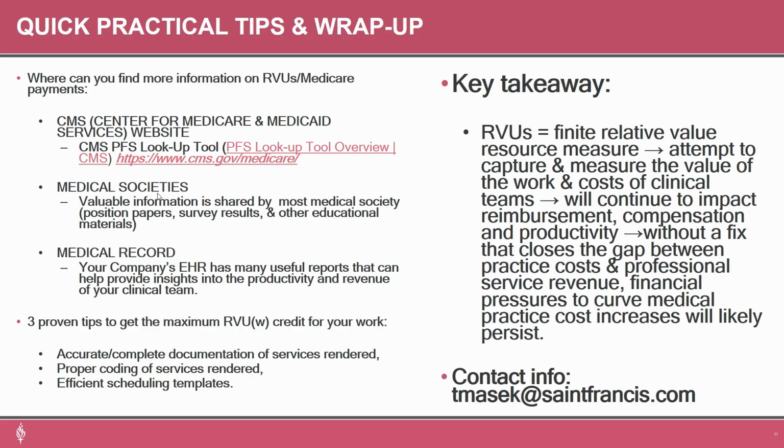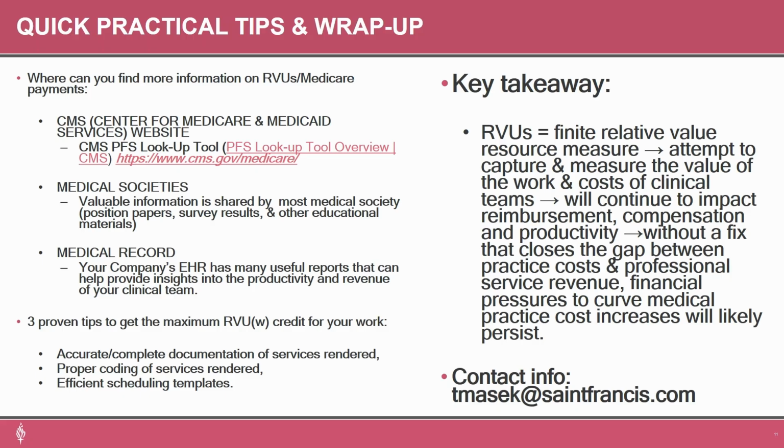Medical societies, as we've talked about, provide valuable information, shared by most medical societies in the form of position papers, survey results, and other educational materials. Your company's electronic health record has many useful reports that can help provide insights into the productivity and revenue of your clinical team.